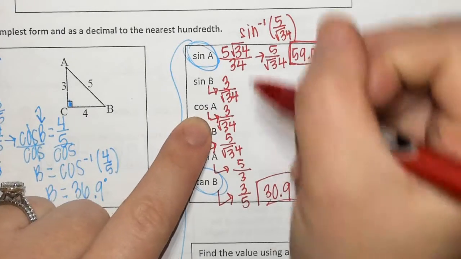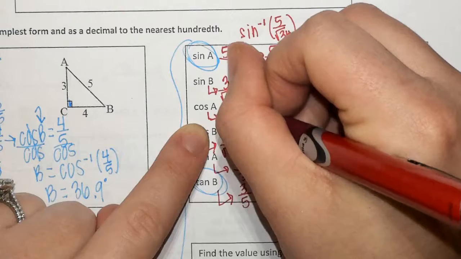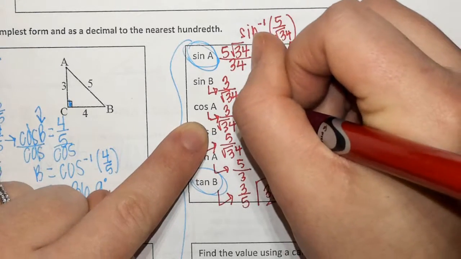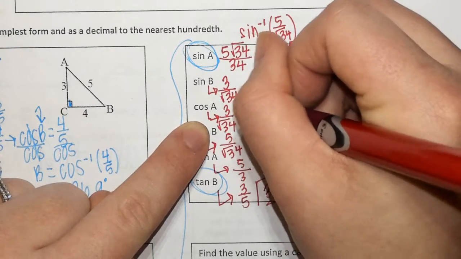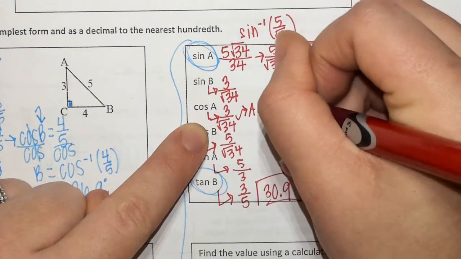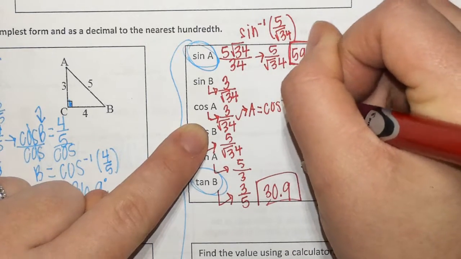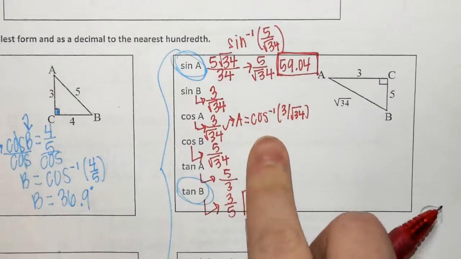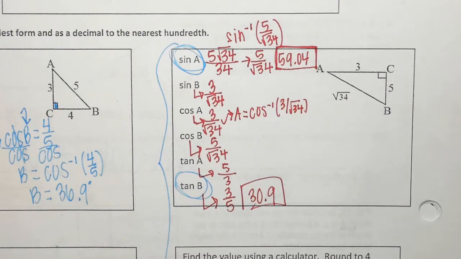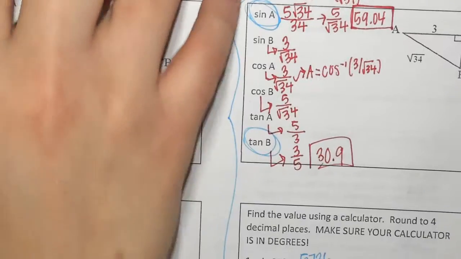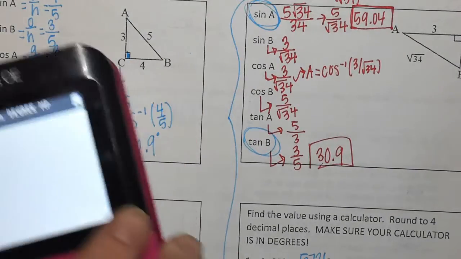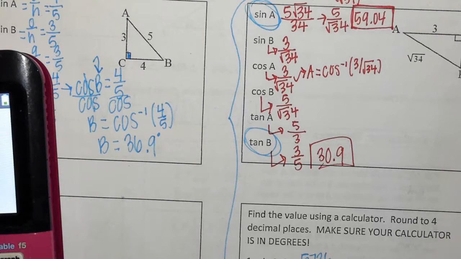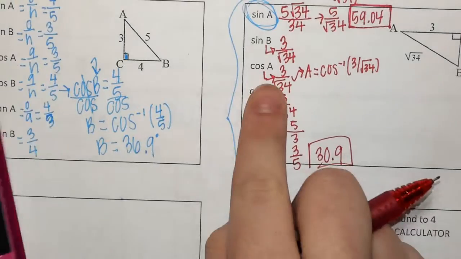Take your calculator, and I want you to plug in cosine inverse of 3 divided by the square root of 34. I want you to plug this in your calculator. I wrote 4 for cosine B. Okay. 9 here. For cosine A?